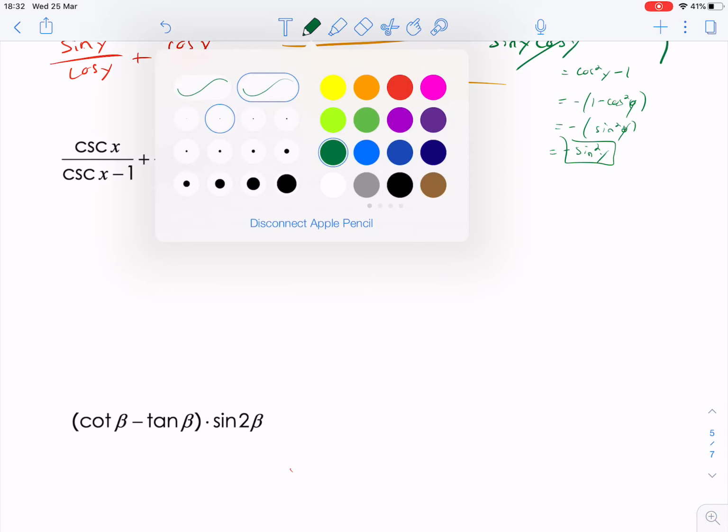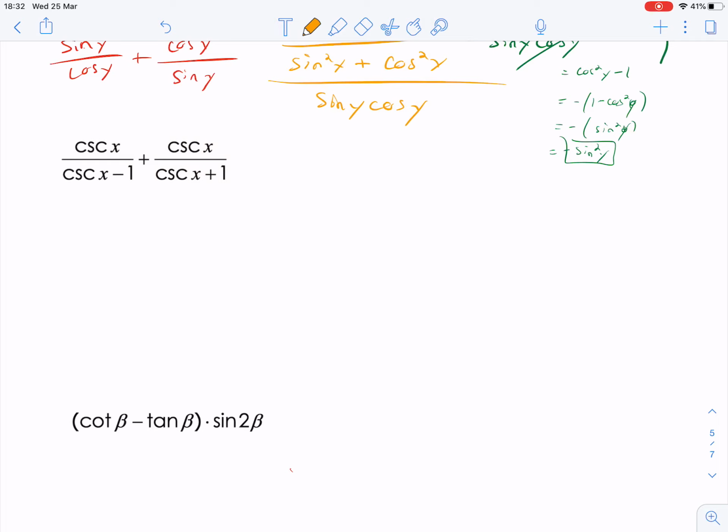I would not change this to sines. Right away, I see this is a conjugate of each other, which means we'll probably get something out of that. So we get cosecant of x plus 1 on this side, and we get cosecant of x minus 1 on this side. All right, so we get cosecant squared x plus cosecant of x plus cosecant squared of x minus cosecant of x.